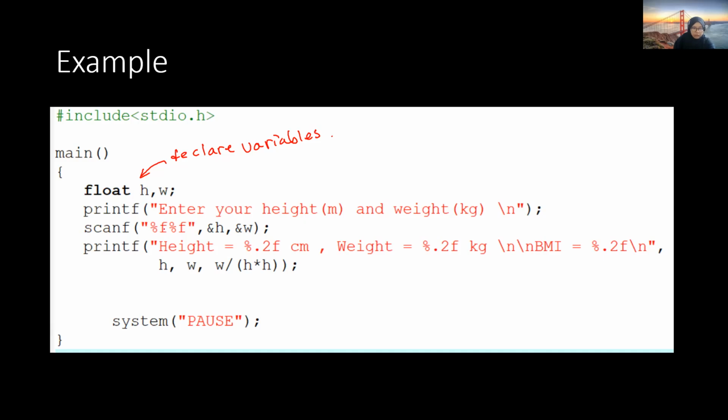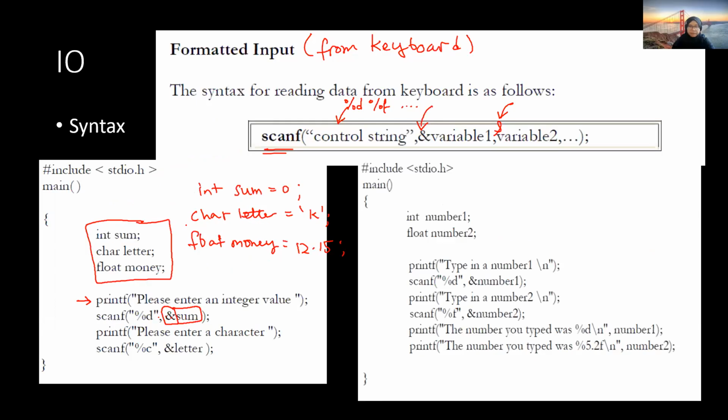So height first, and then weight the second entry. You can do that as well, because you key in your value and then press enter, and then it will go to the next input, which is the weight. So you can do this into one line.